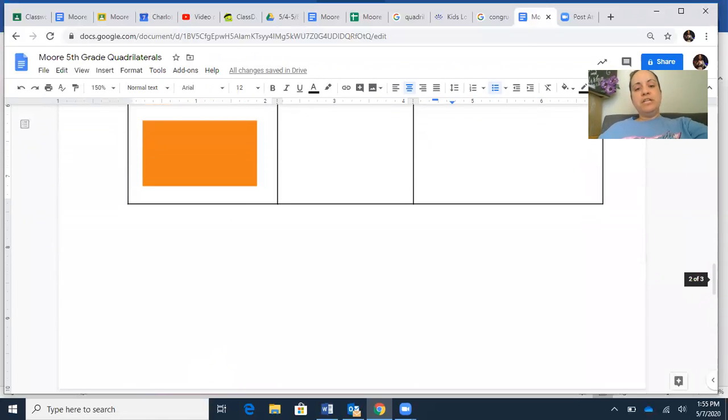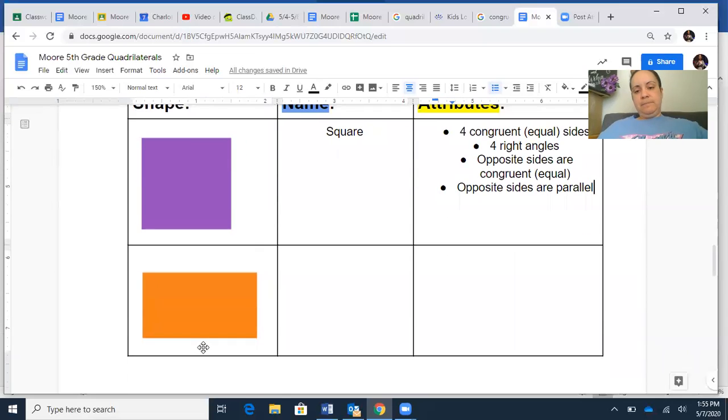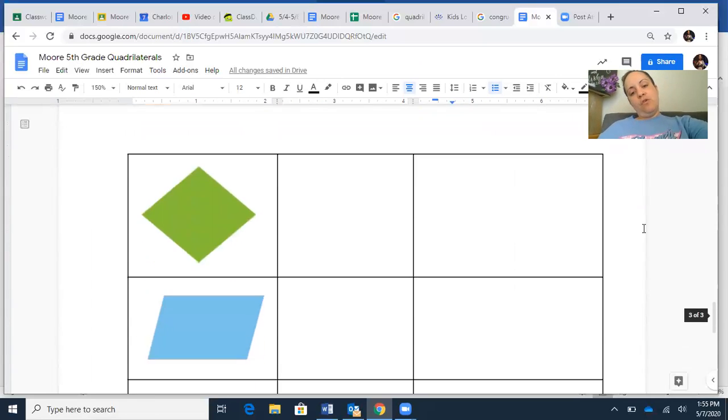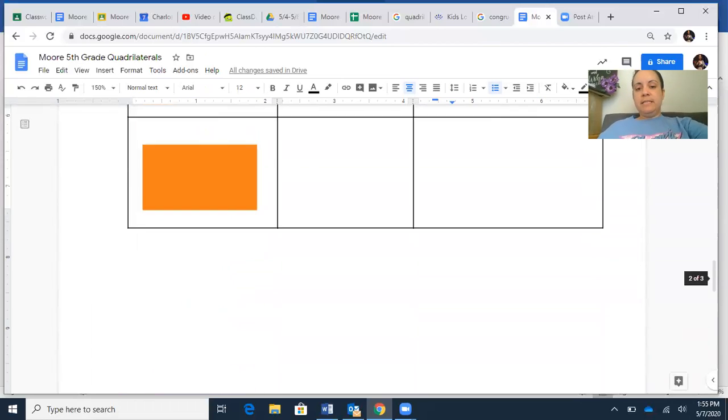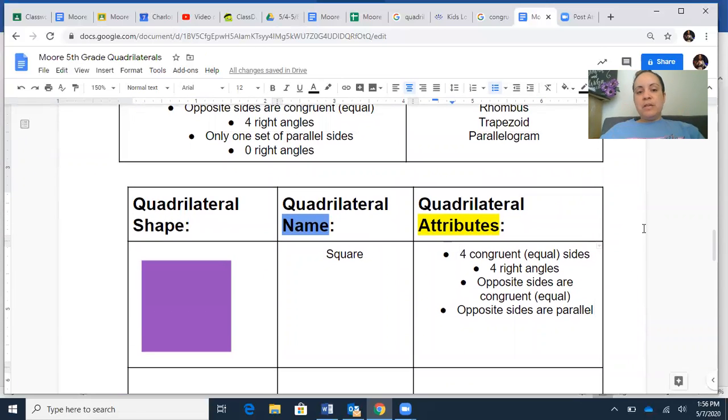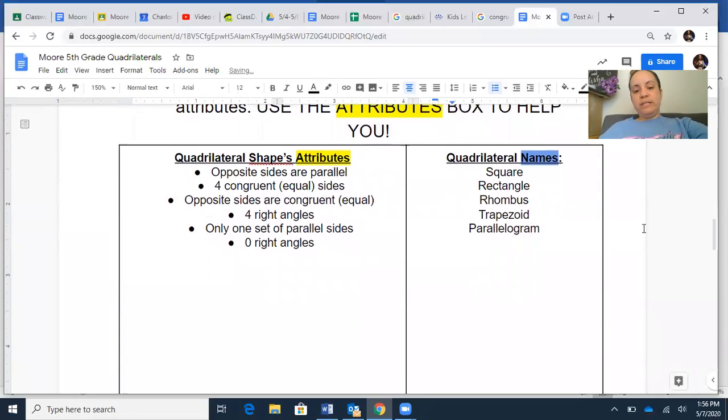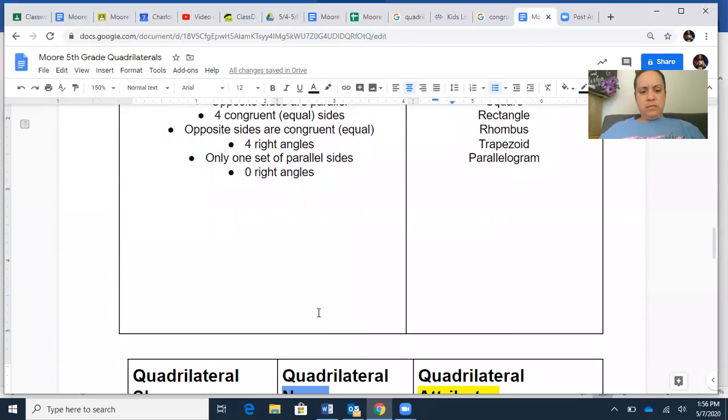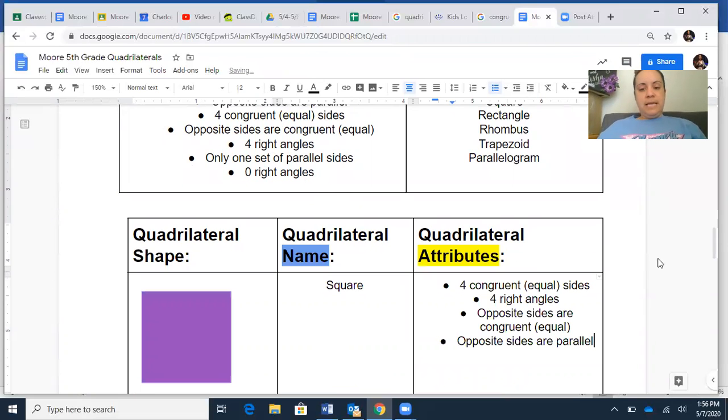You have 4 more shapes to complete, okay? I'm going to leave this one finished for you so that you can see the square, but you have to do the rest of them, all right? You got this. Use your chart and return back to this video if you need to see the answers, okay? Good luck. You're going to do a great job.